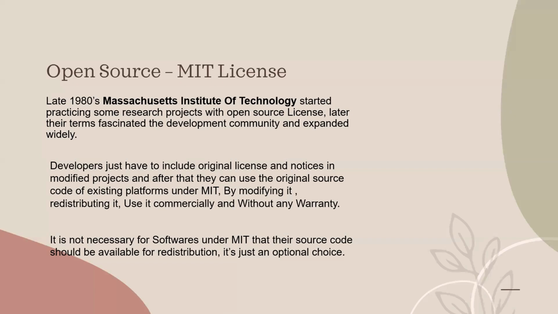One more important thing in MIT license of open source softwares, there is a key point. We can customize the source code, but it is not mandatory for the derived software creator to distribute it under MIT license.